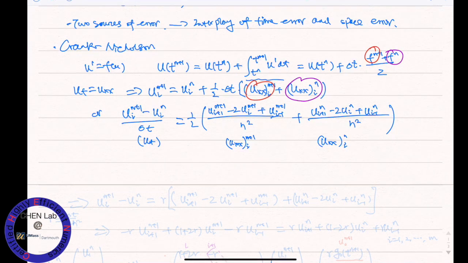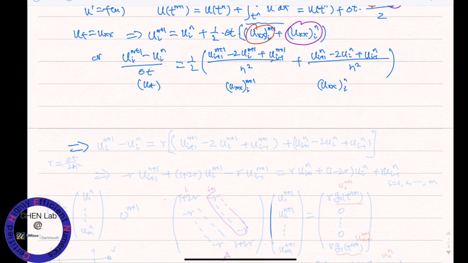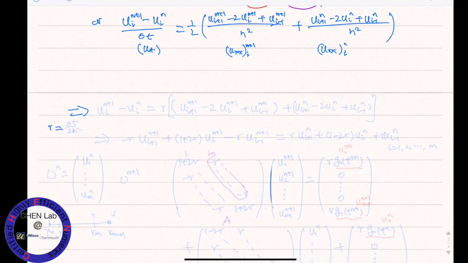What we have is a bunch of them, so we move the n+1 terms to the left and the n terms to the right. We multiply both sides by delta t, and to simplify things, we define r to be equal to delta t over 2h squared.